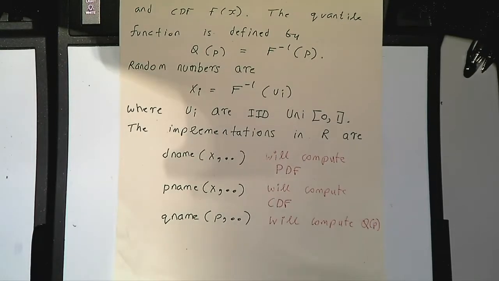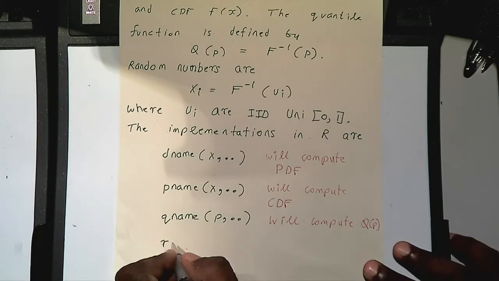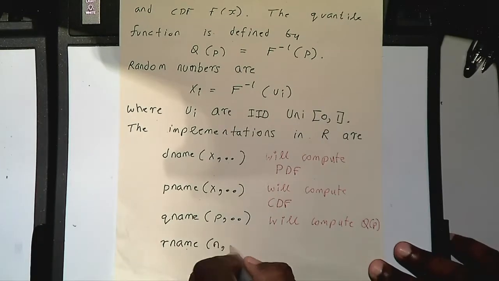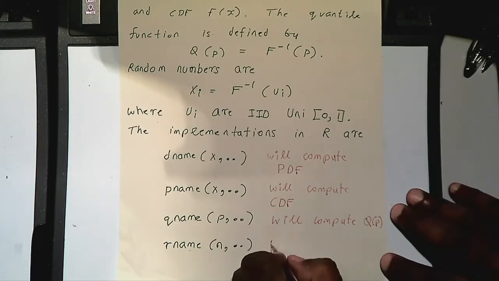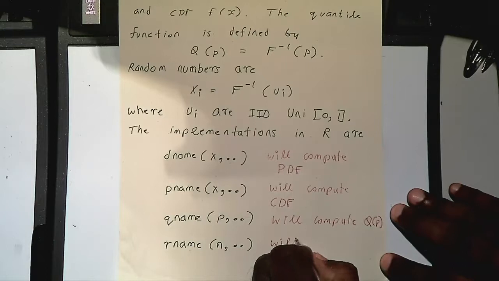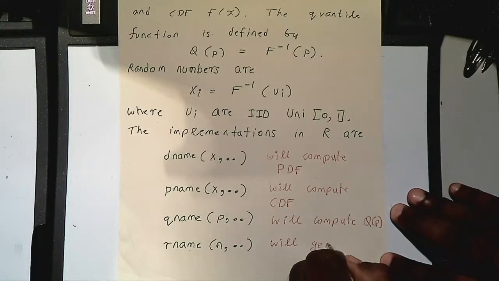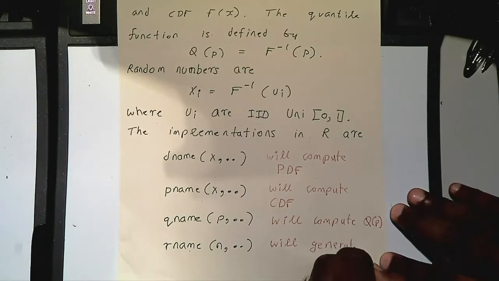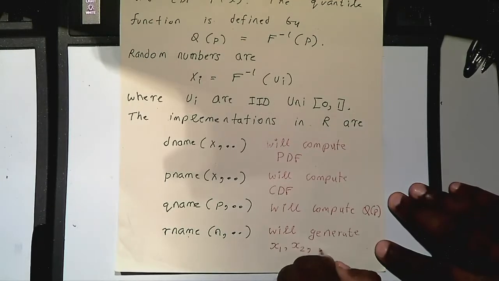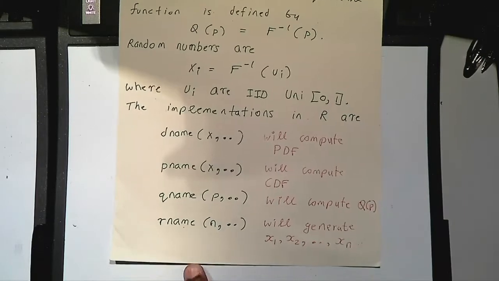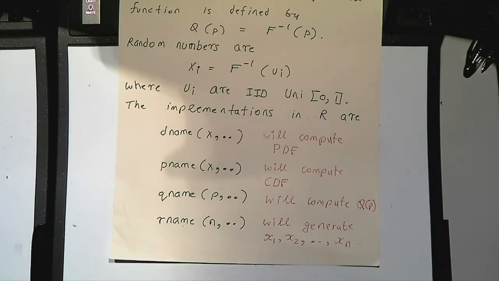And finally, you should type r and then the name of the distribution, and then you say n, right? This will generate the random numbers x1, x2, up to xn, right? All right, so you understand what I'm saying, right?